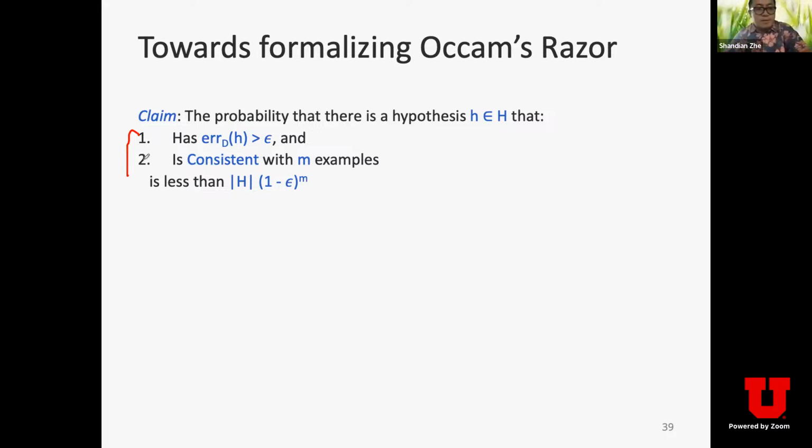The claim is that the probability there is a hypothesis H in your hypothesis space that is consistent with M training examples, meaning zero training error, yet the generalization error is bigger than epsilon, this probability is upper bounded by the size of the hypothesis space times 1 minus epsilon to the power n.